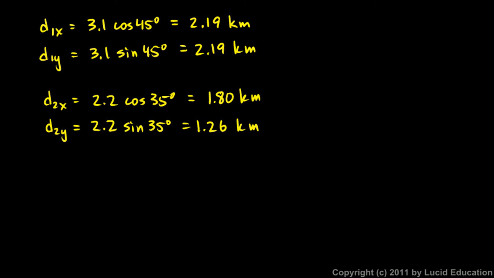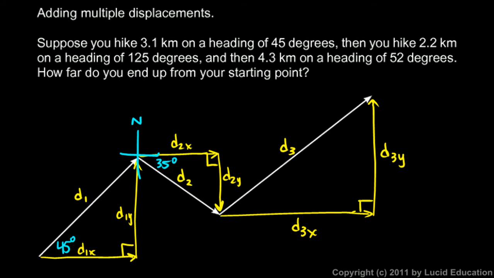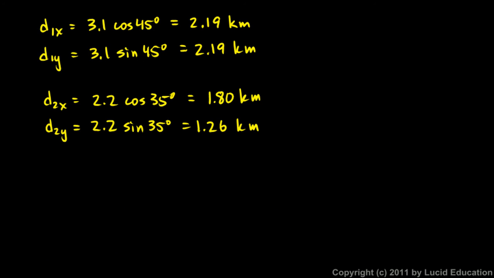Now watch something here. This is important. Look at this. d1y was right here, and d2y is right there. And note that those are in opposite directions. d1y is north, and d2y is south. If those are in opposite directions, they have to have opposite signs. Look here, we said d1y was 2.19.